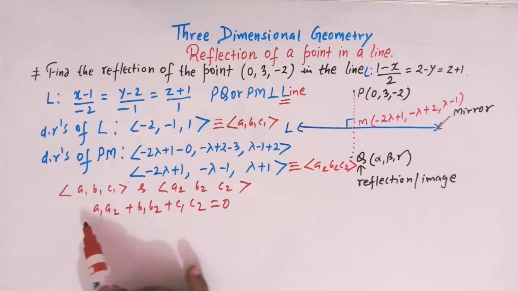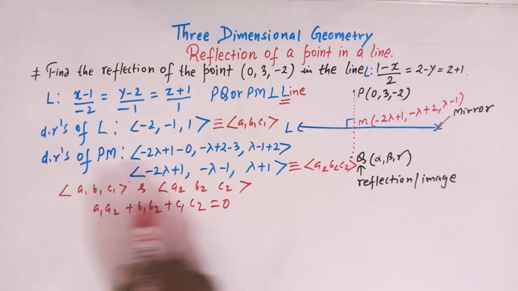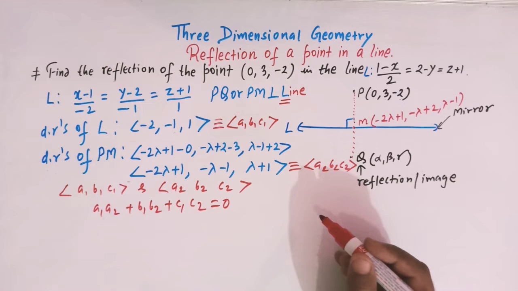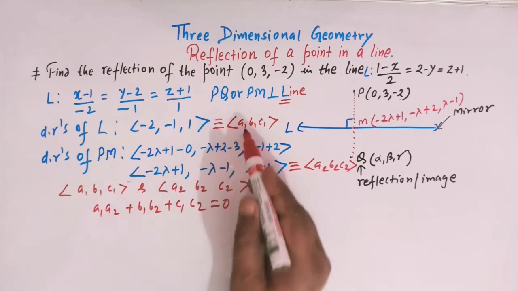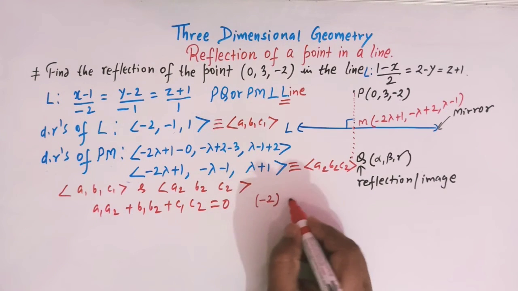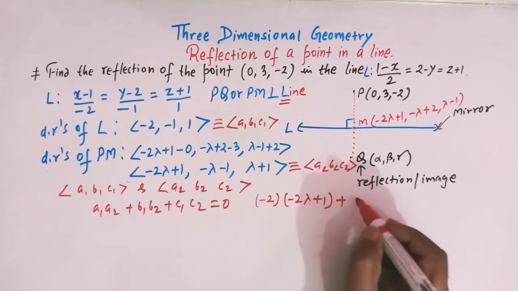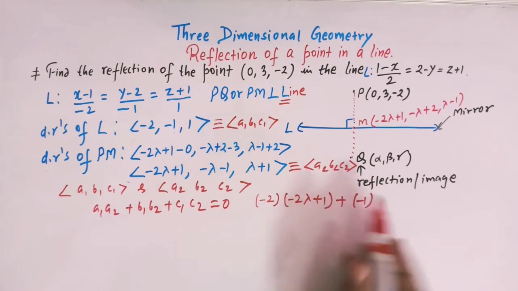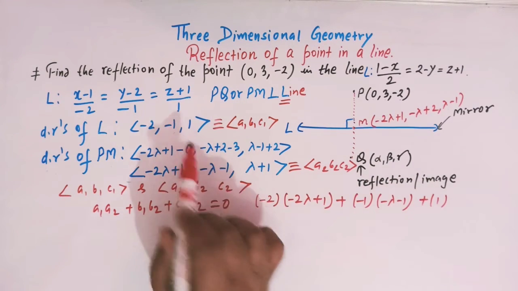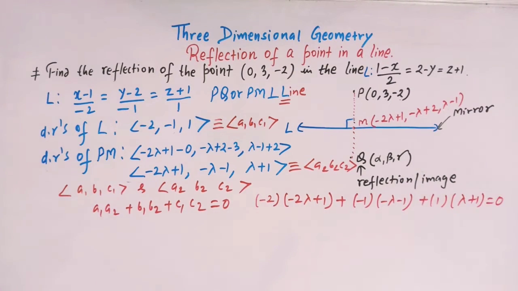Now A1 A2 plus B1 B2 plus C1 C2 equal to 0 is the condition for perpendicularity of two vectors. So we have minus 2 times minus 2 lambda plus 1, then for B1 B2 we have minus 1 times minus lambda minus 1, then we have 1 times lambda plus 1, is equal to 0.